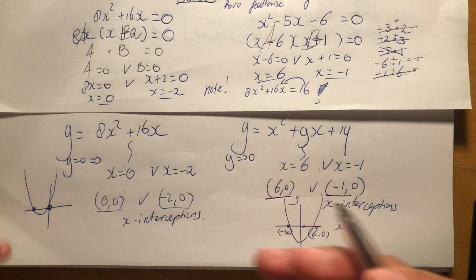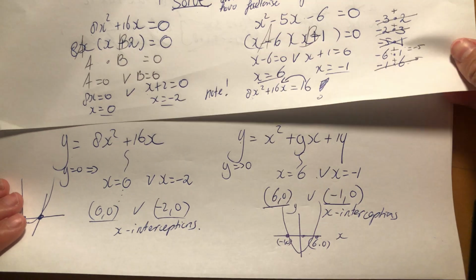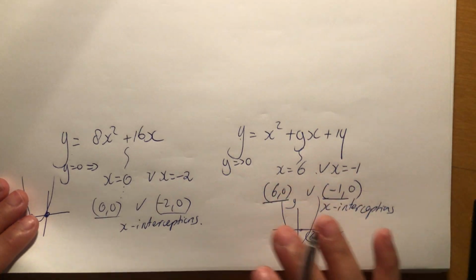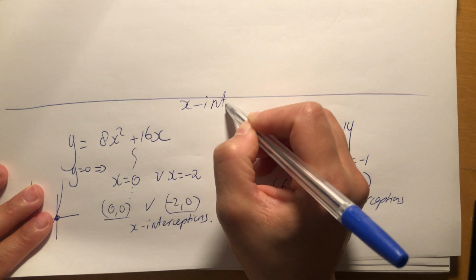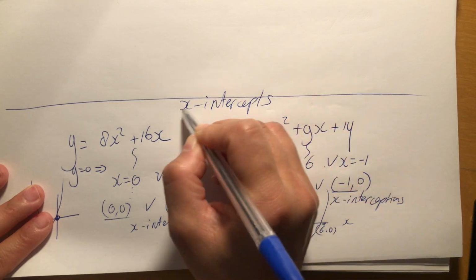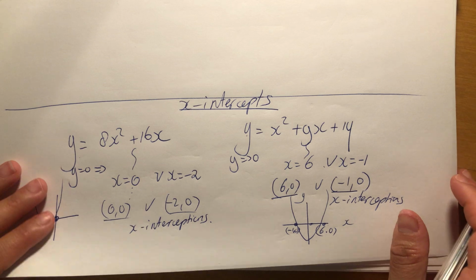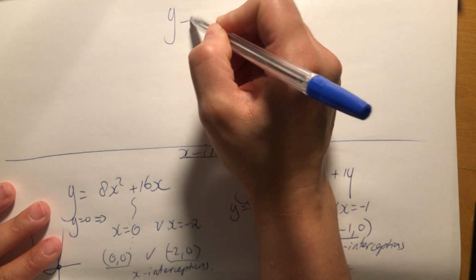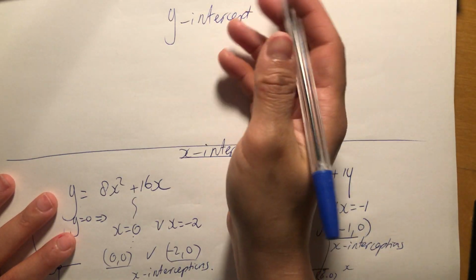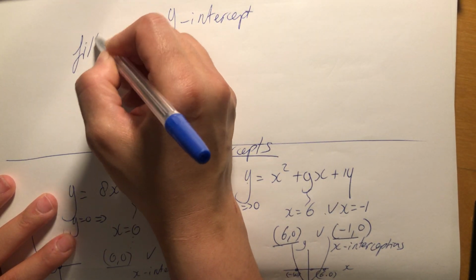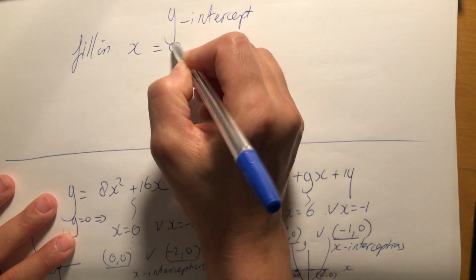Now, what about the y-interceptions? So we're going to shift it up. This goes away now. This is x-interceptions. x-intercepts on a graph. Actually, what are we doing? And now let's go to the y-intercepts. That's more easy. The y-intercept is actually fill in x is 0.